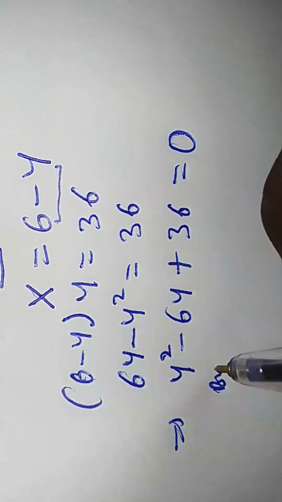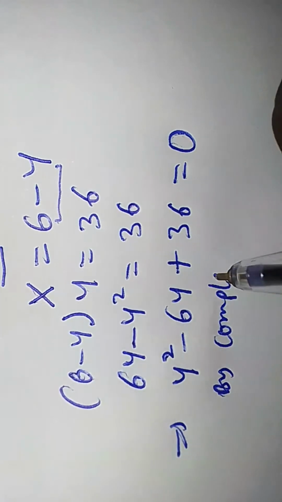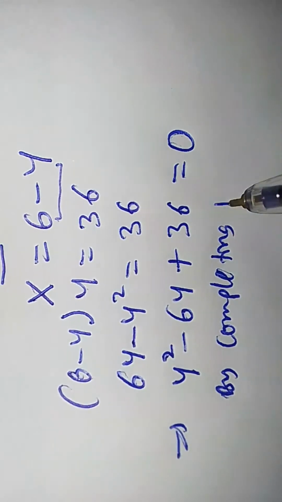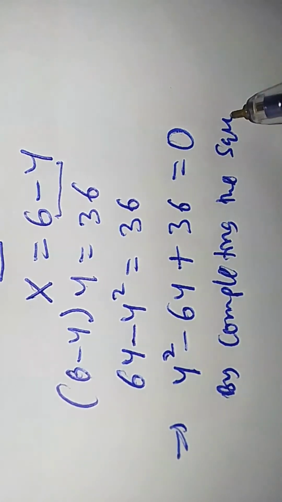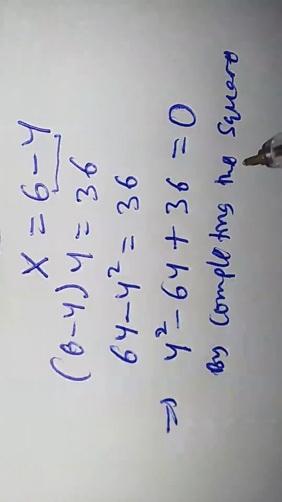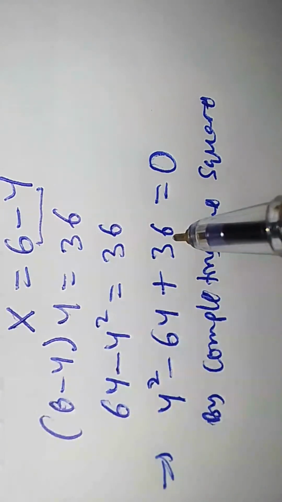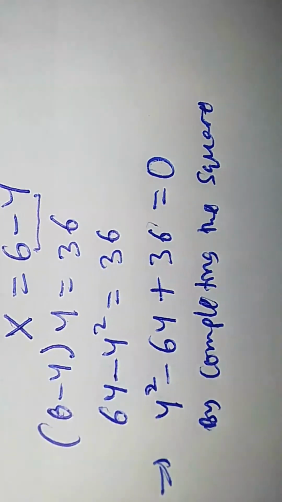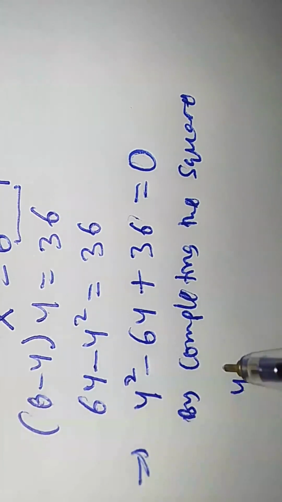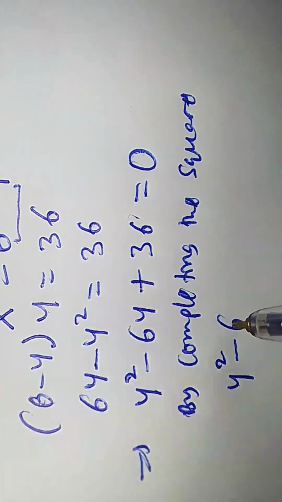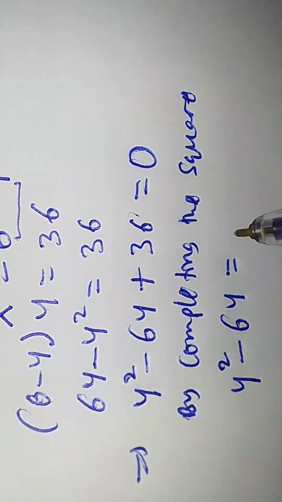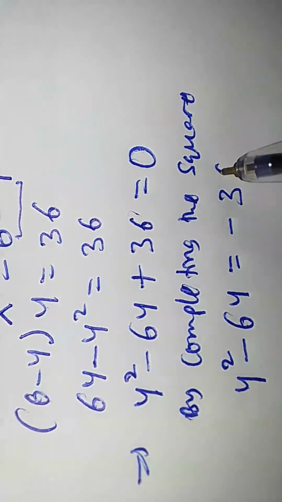By the completing the square method, we have to transfer this constant to the right hand side first. So we have y squared minus 6y equal to minus 36.